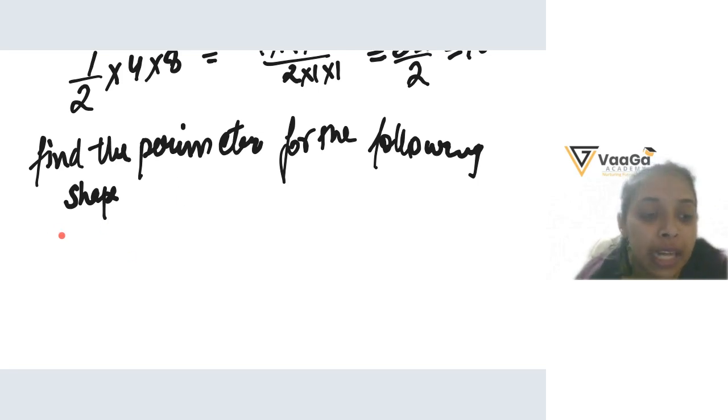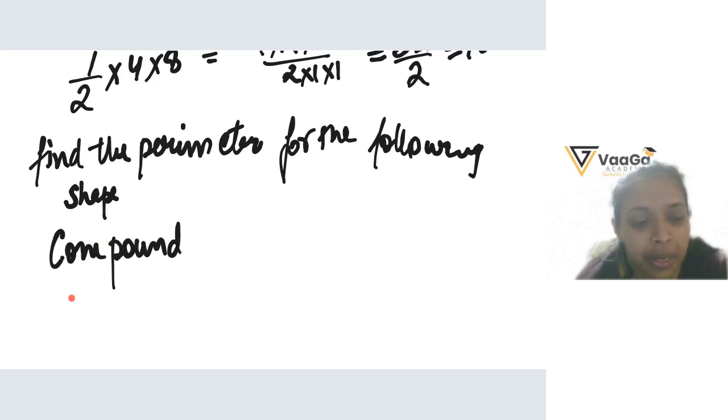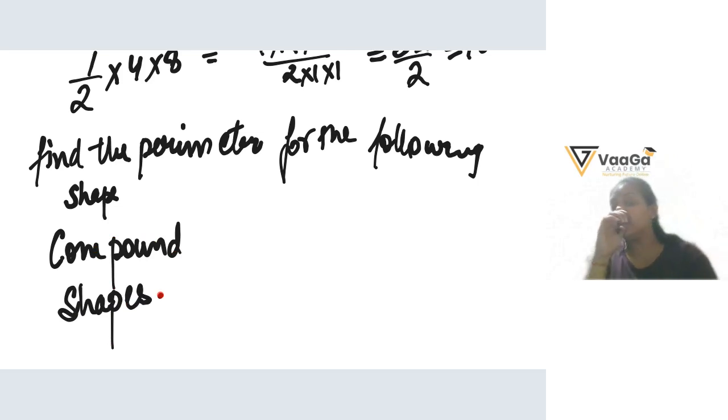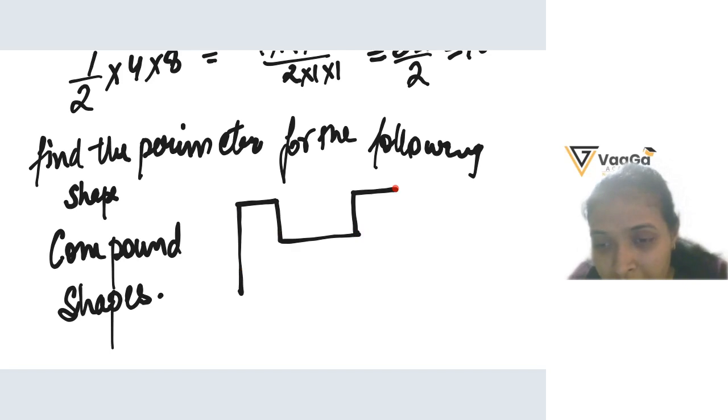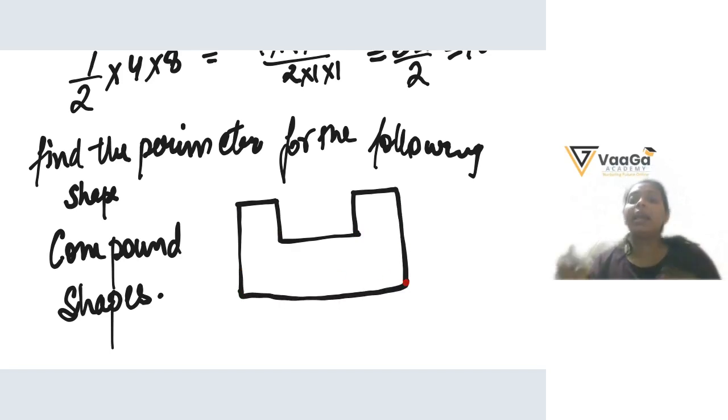These kinds of shapes are known as compound shapes. Why is it known as a compound shape? Let's say this is the figure I have. If you look carefully, we are combining more than one shape to make this shape.